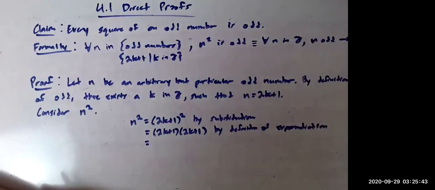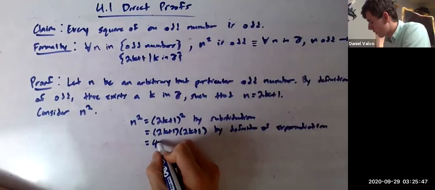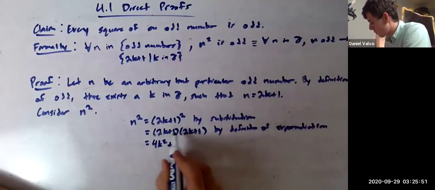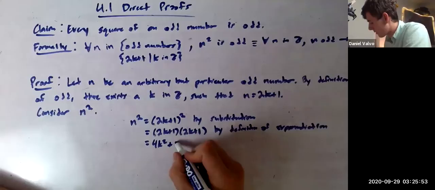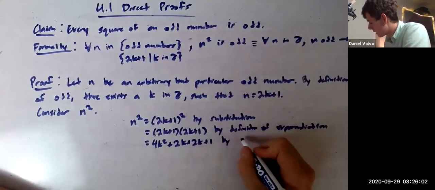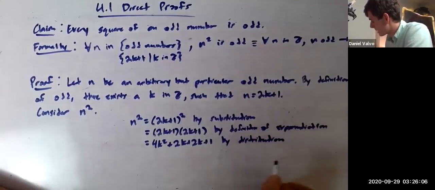Expand or distribute. Yeah, we can distribute, FOIL that whole thing. This is going to be 4k squared, we multiply that, and then you're going to have 2k plus 2k plus 1 by distribution, right?